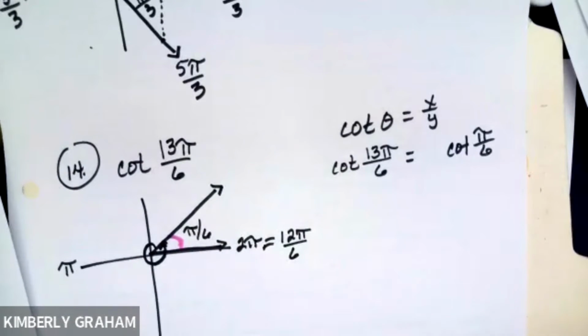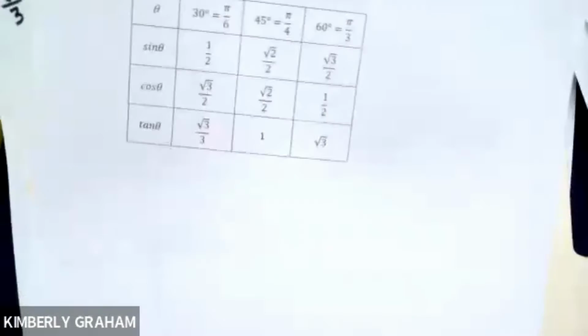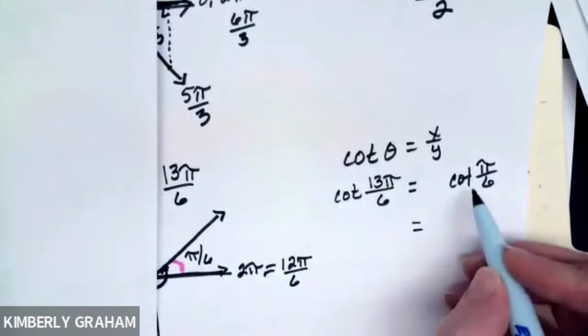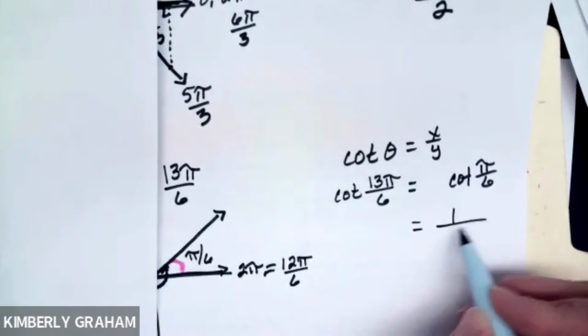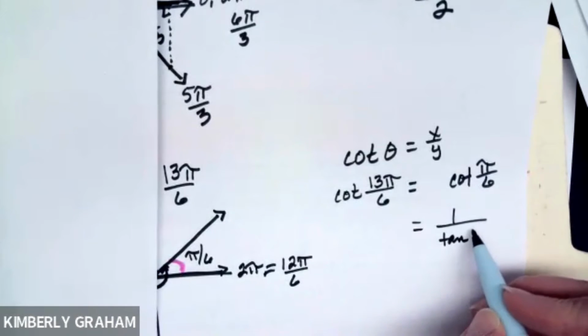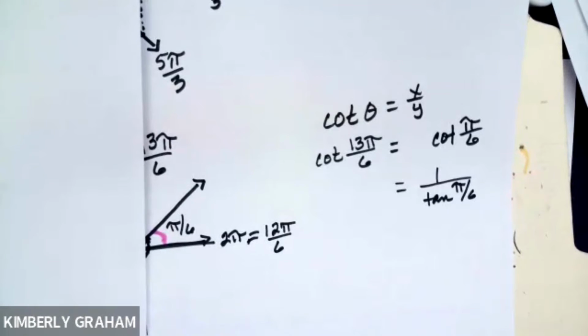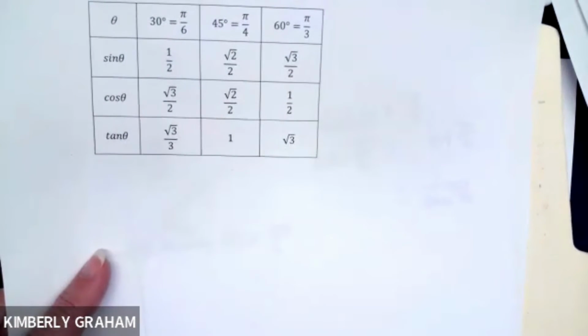So I just need to figure out what the cotangent of pi over 6 is. If you look at your table here, it doesn't have cotangent. It just has sine, cosine, tan. But I know that the cotangent of pi over 6 is 1 over the tan of pi over 6, or it's the reciprocal. I'm just going to take this and turn it upside down.